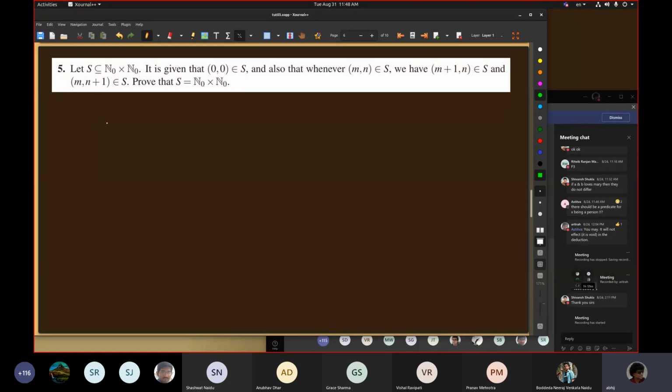Suppose it is given that 0, 0 can be accessed. Hence, all points of the type alpha, alpha can be accessed. Alpha, alpha is not a good thing. Let me point out whatever you have mentioned.